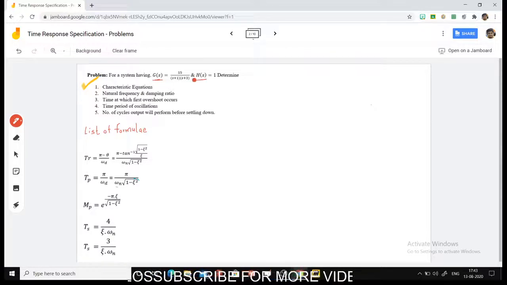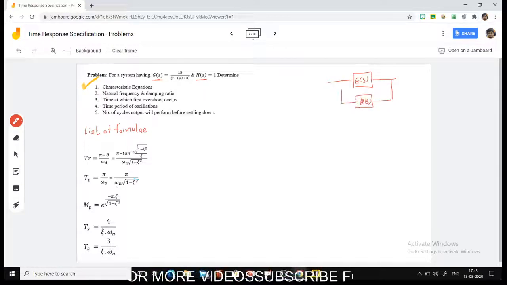Now we have to remember all the time response specifications are calculated depending upon the closed loop transfer function. Here G(s) and H(s) are given, which means there is a unity feedback and the open loop transfer function is given. So first we have to convert that G(s) into a closed loop transfer function.